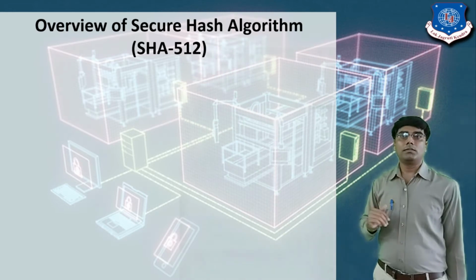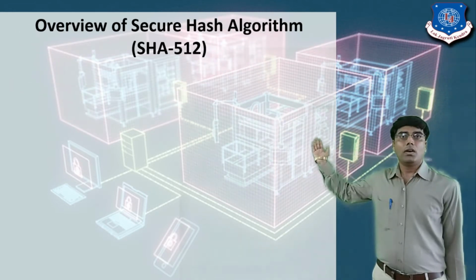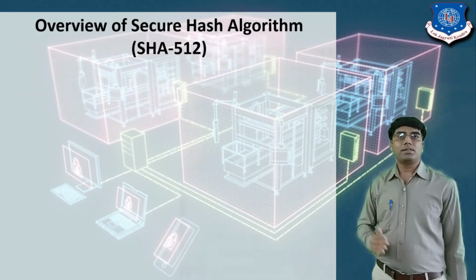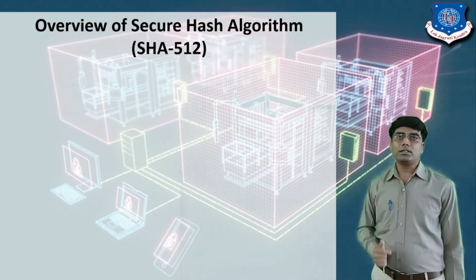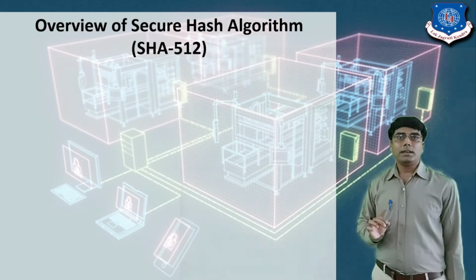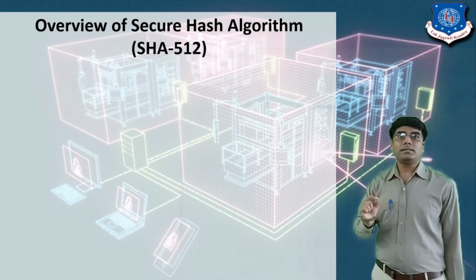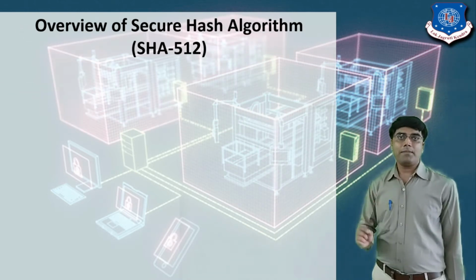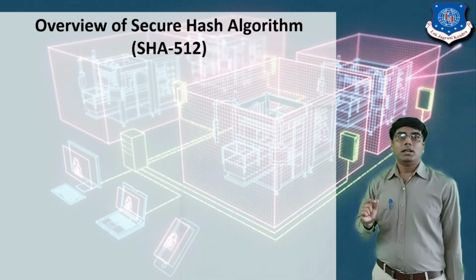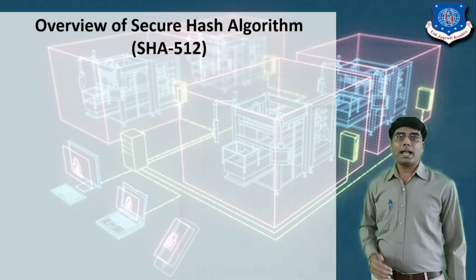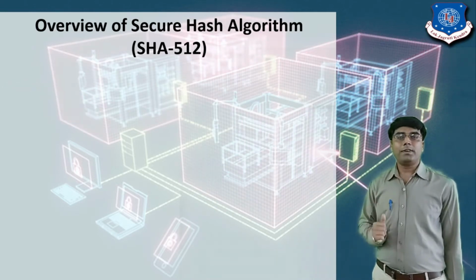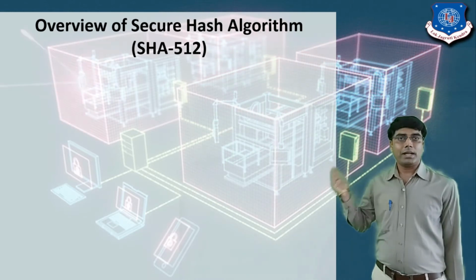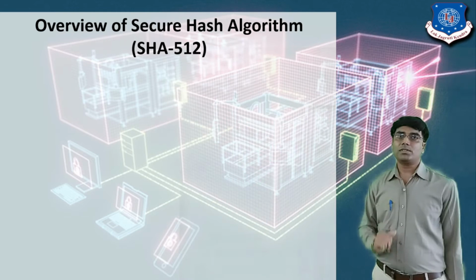When we apply the hash function on a plain text message, it generates a fixed length of code. With the help of the SHA algorithm, we generate this fixed length of code, and with its help we identify whether the sender and the receiver are authenticated persons or not.